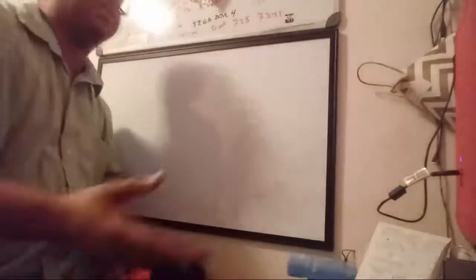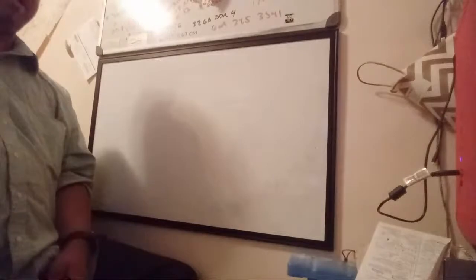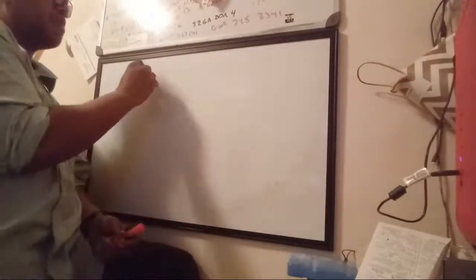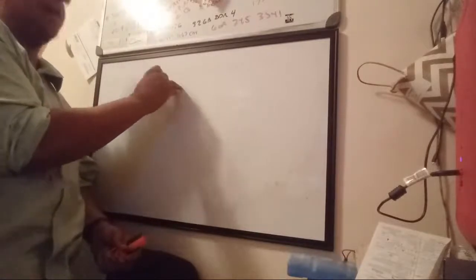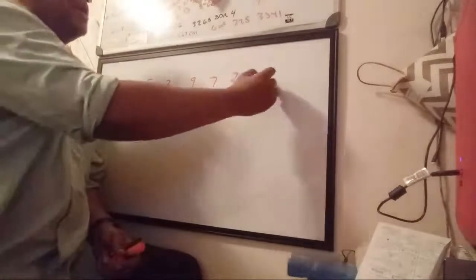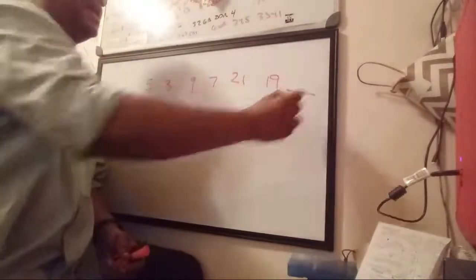Okay, so they have a series of numbers, and then they got a blank, and they're asking you, what is the next number? Okay, so we've got to look for a common ratio. 5, 3, 9, 7, 21, 19, and then blank.